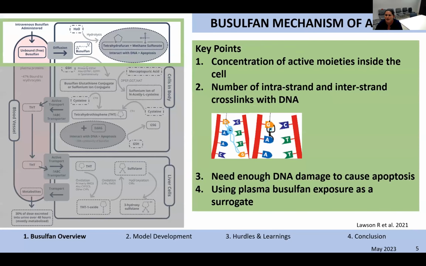Key points: the concentration of active moieties inside the cell is very important because it is relevant for the number of intrastrand and interstrand cross-links within the DNA, and you need enough DNA damage to cause apoptosis. But we are using plasma busulfan exposure as a surrogate for activity.